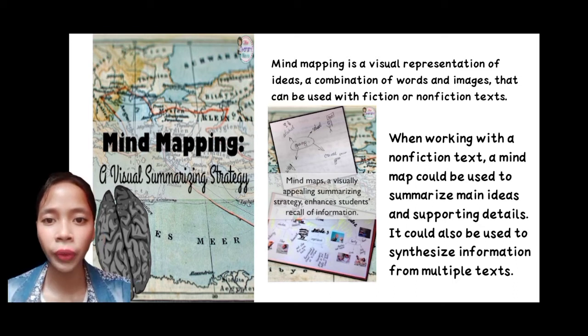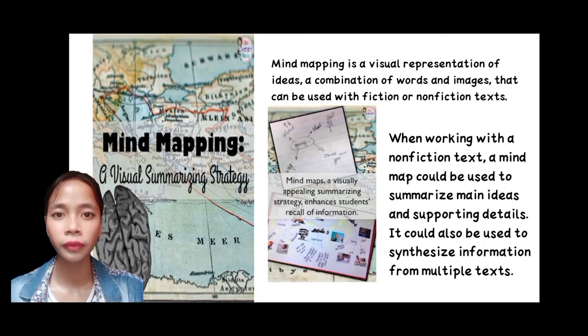When working with a nonfiction text, a mind map could be used to summarize main ideas and supporting details. It could also be used to synthesize information from multiple texts.